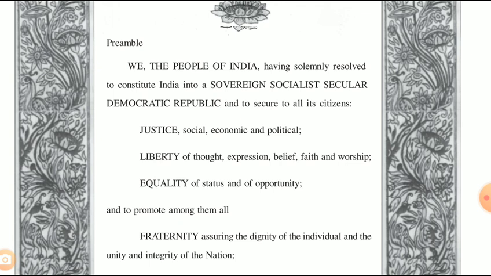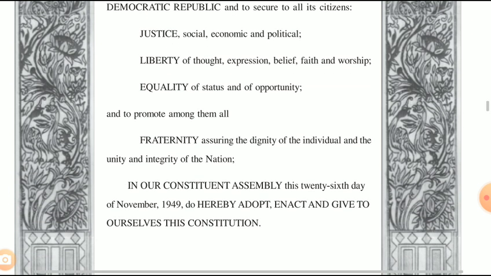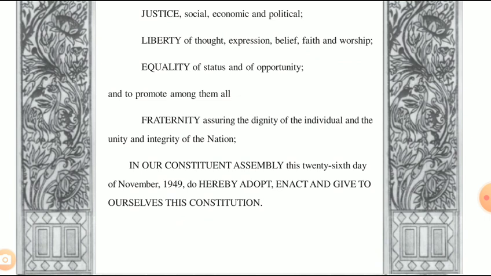Each and every individual will be given equality, and to promote among them all fraternity, assuring the dignity of the individual and the unity and integrity of the nation. It means it will follow all the rules and regulations to provide Indian citizens equal status as an individual, as a union, or as a group, so as to form a nation.